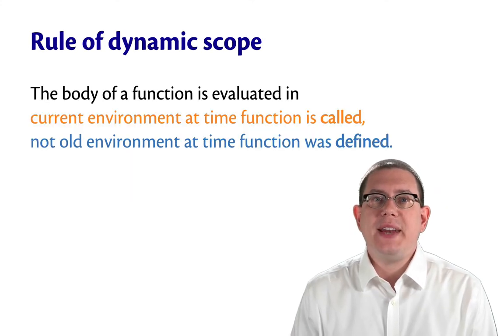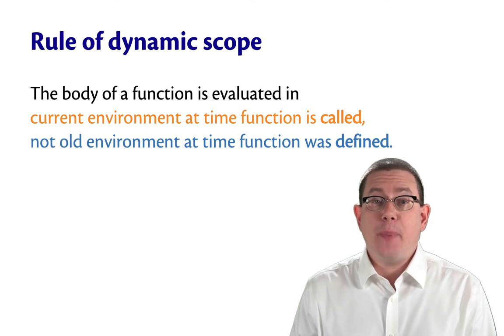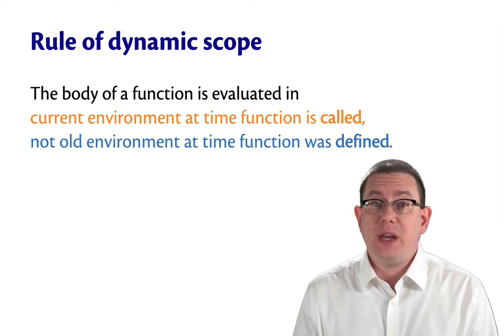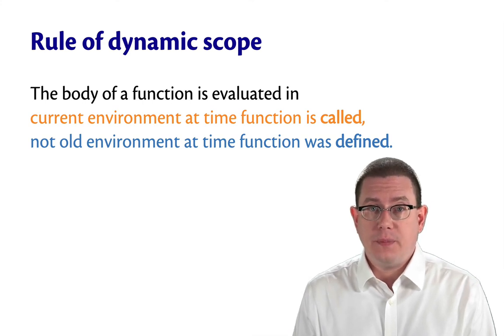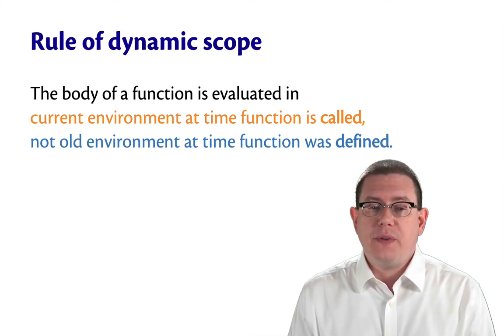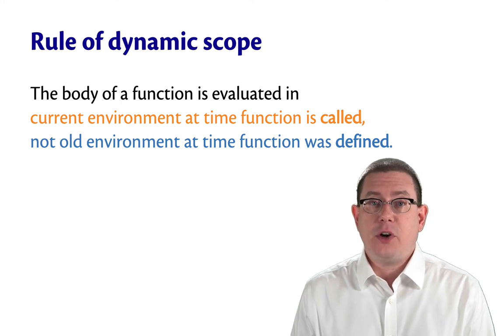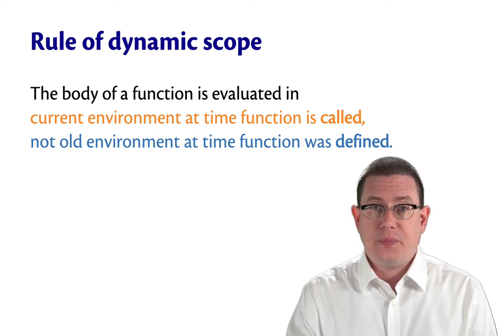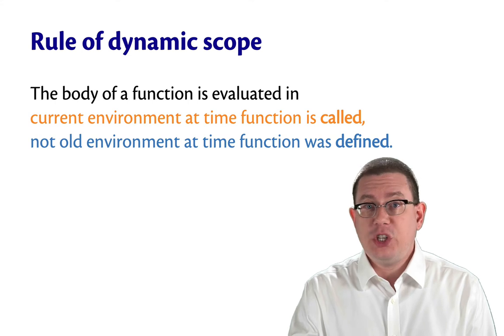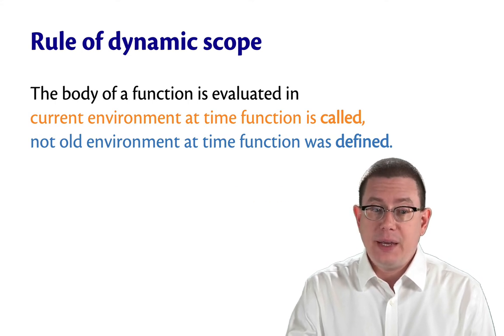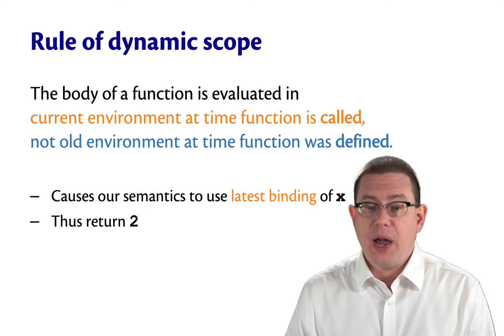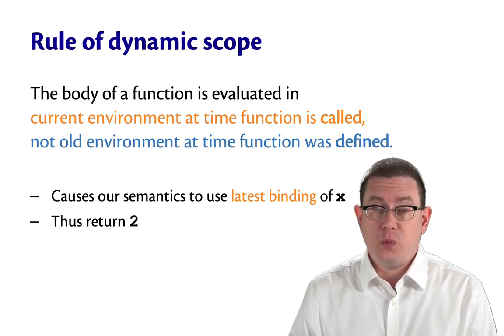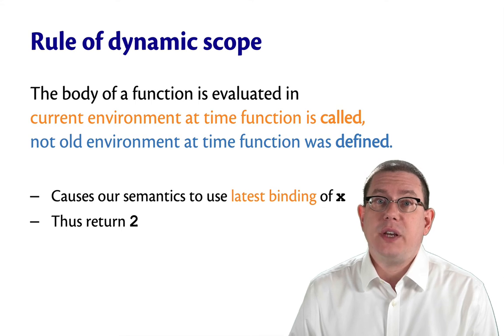The rule of dynamic scope says that the body of a function is evaluated in the current environment at the time the function is called, not in the old environment that existed at the time the function was defined. So that difference between which environment gets used for the body is what caused our semantics to use the latest binding of x, the one at the time the function was called. And that caused it to return 2.